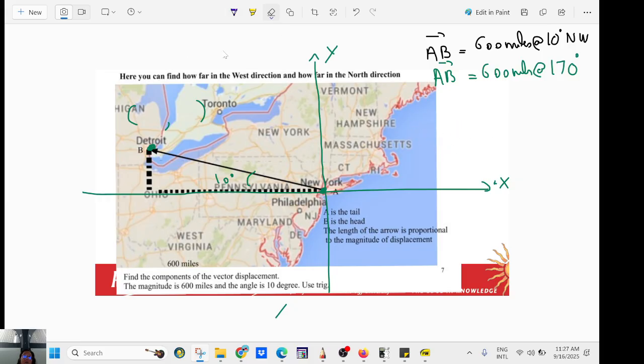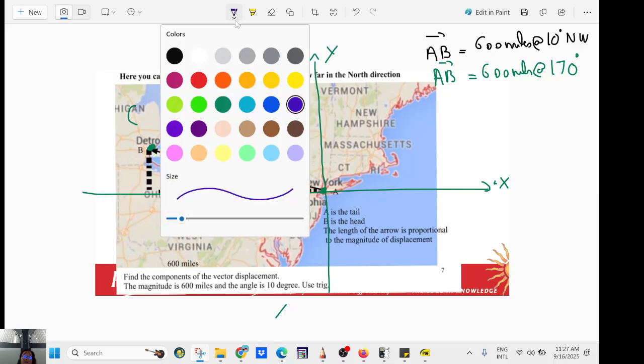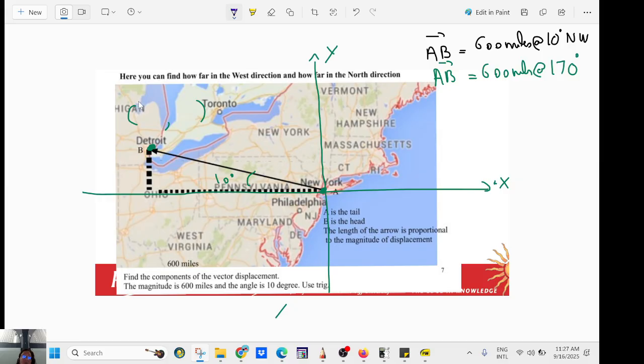So I want to find this point here. This point will be your run. That point here will be the x component.